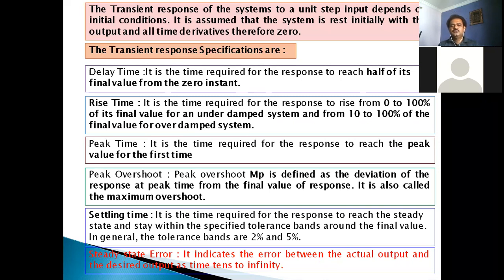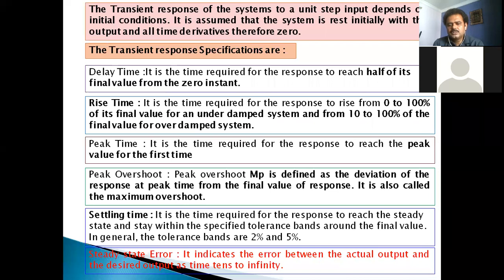Now coming to the steady state error. This term indicates the error. If we keep a reference value as 100%, and we reach 99%, that means 1% error. So it is an indicator of the error between the actual output and the desired output. Actual output means whatever the value is at that time. The desired output means our aim.